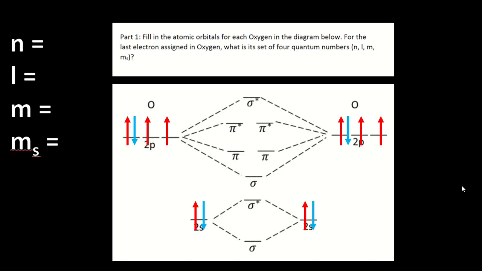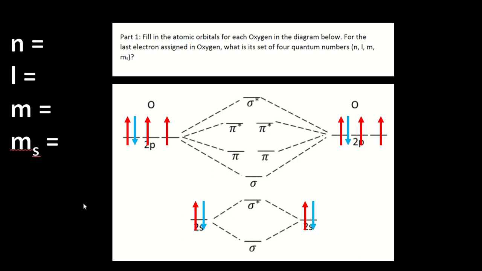The atomic orbitals are just the orbitals that an atom has by itself. We haven't gone into molecular orbitals yet. Now, for oxygen, the last electron that we put into the atomic orbitals was the electron in the leftmost 2p orbital, the one that is spin downwards.